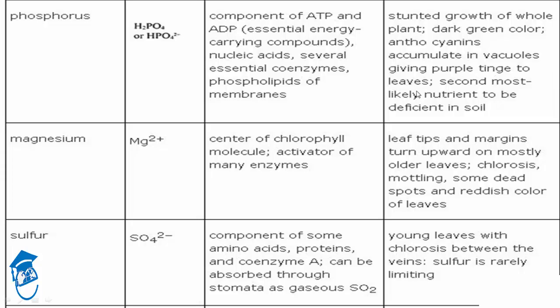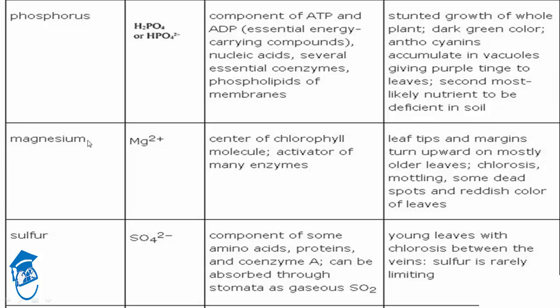Students, please note that whenever anthocyanin accumulates in the vacuole of a cell, it gives purple color to the leaves. And when purple color tinge appears, that shows that the plant is deficient of phosphorus. Okay, so this is the second most likely nutrient to be deficient in soil.